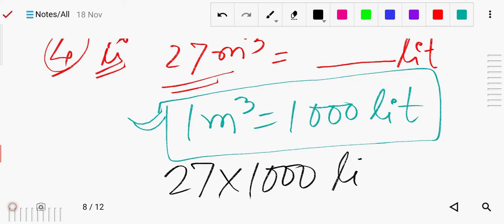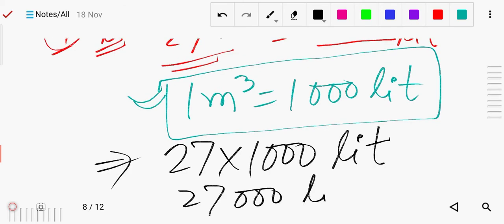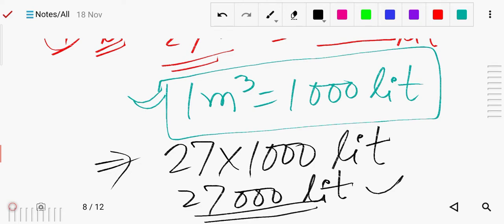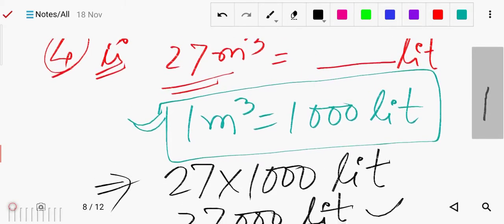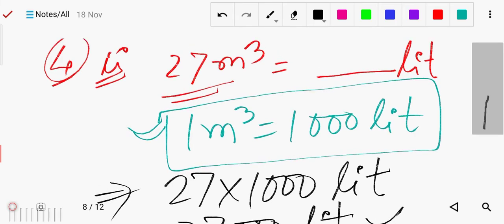This will be your liters. So this is your answer, 27,000. So 27 cubic meters equals 27,000 liters. Got it? So in this way we can solve.